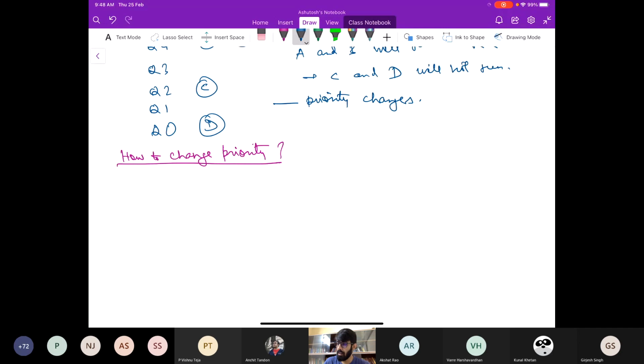As I said, there are two kinds of jobs, majorly. One is short running, and they might be short running because they might be interactive. They might require a lot of IO, so when they require the IO, they will release the CPU.